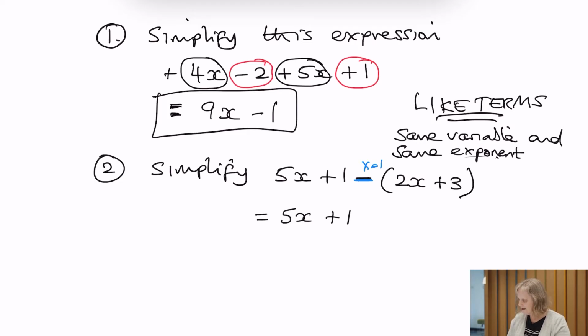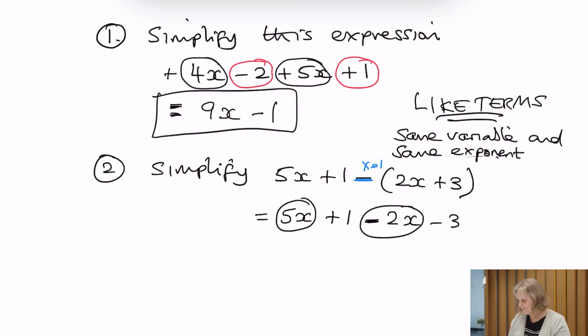We've got 5x plus 1. Now with this negative sign, we've got to multiply everything in the bracket by -1. So -1 times 2x is going to give us -2x. The -1 times +3 is going to give us -3. So now once we've got all the individual terms, we can identify the like terms. So the same variable with the same exponent here, catching the negative there.